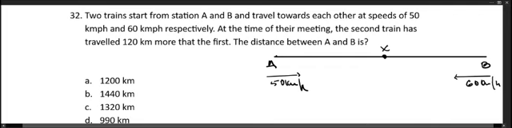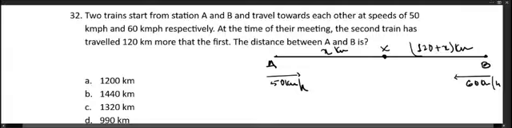They meet at point X. When they meet at point X, the distance traveled by train B is 120 kilometers more. If A traveled X kilometers, then the distance traveled by B will be 120 plus X kilometers. So we have to find the distance between A and B.